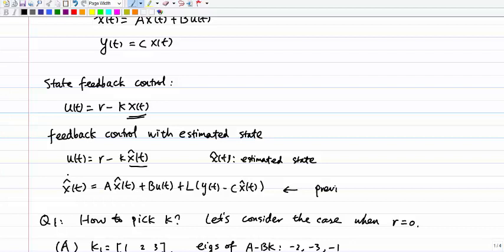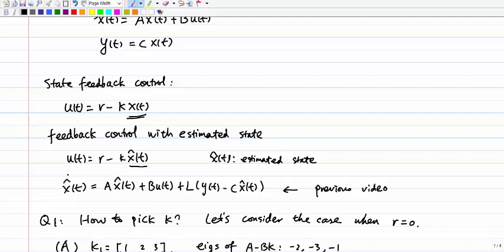In the previous video, you can check how to derive the closed loop state estimator for the linear time invariant system. So the first question we have is, how do I pick the K? We can pick different K, and they can satisfy some desired performance. For example, I want x t to be stable, to be bounded.